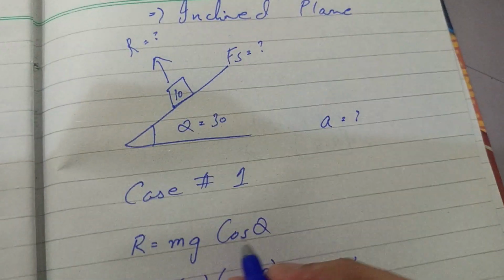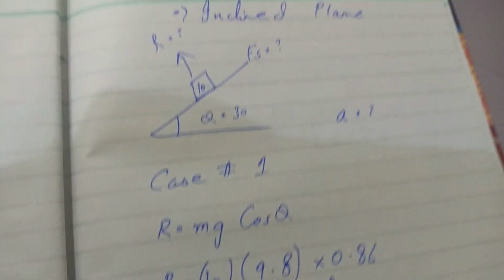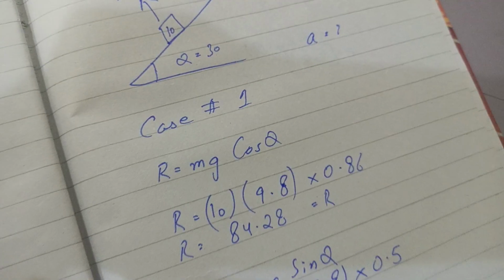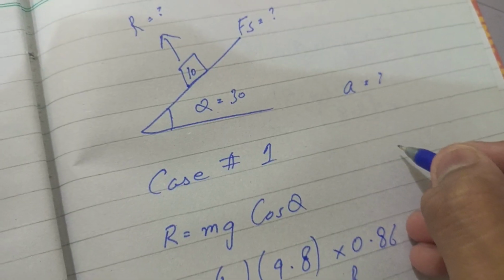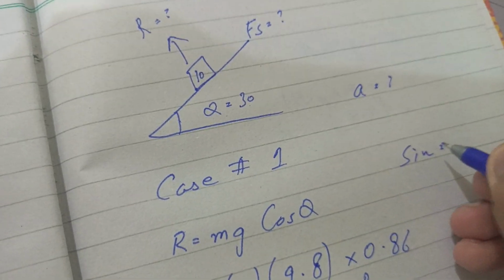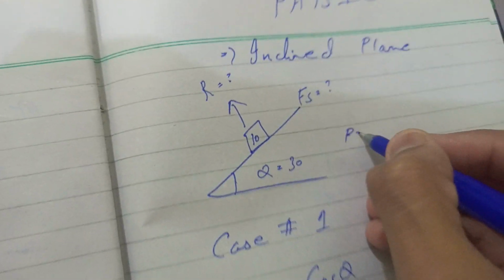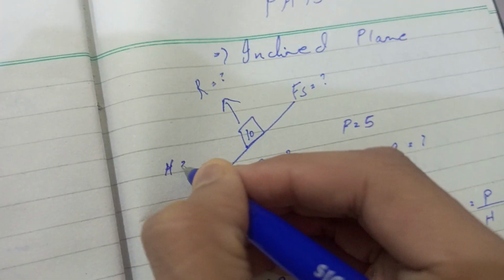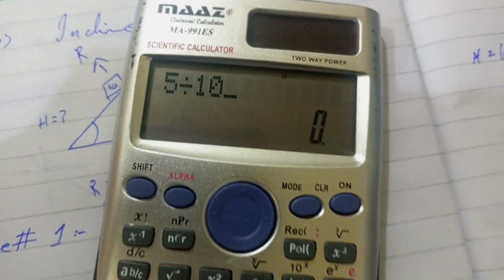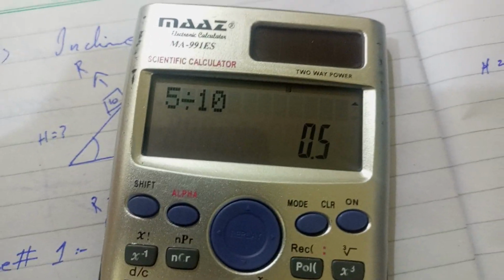But if we don't have the cos and sine, what will we do? For example, if we don't have sine, what is the formula of sine? Sine is equal to perpendicular upon hypotenuse. If the perpendicular is 5 and the hypotenuse is 10, we'll divide 5 by 10, which is 0.5.